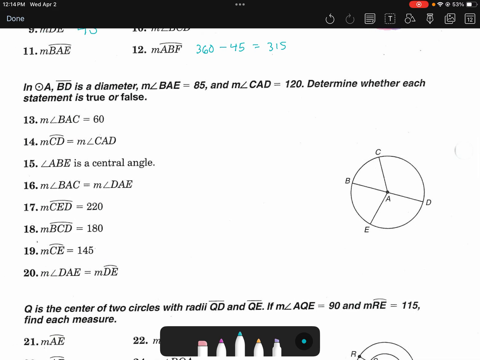Okay, next section down. They tell you that segment BD is a diameter. The measure of angle BAE is 85. The measure of angle CAD is 120. And then they ask you about true or false.